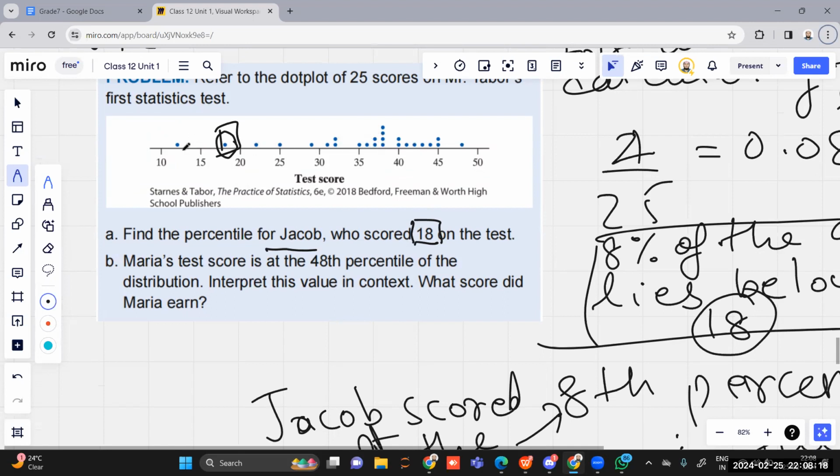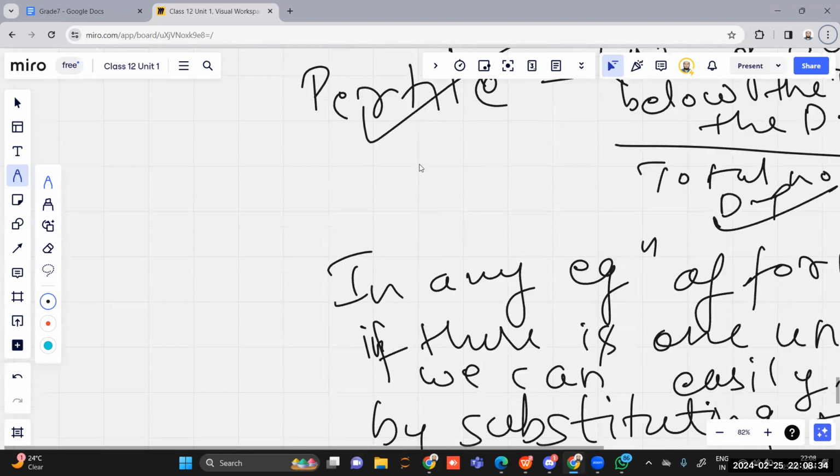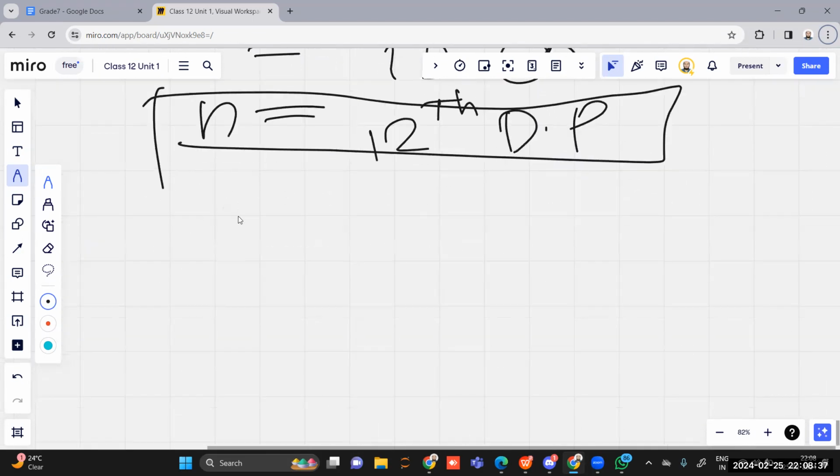Oh, I have gone further. Sorry. 1, 2, 3, 4, 5, 6, 7, 8, 9, 10, 11, 12. So this is the 12th data point. So where is it? See, 36, correct? 37, 38, 39, and 40. So it is 36 here. What is her score?